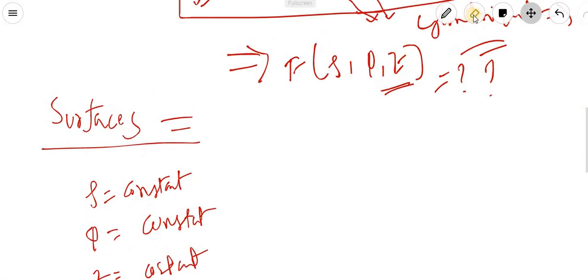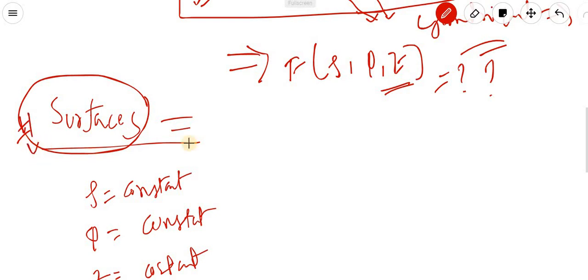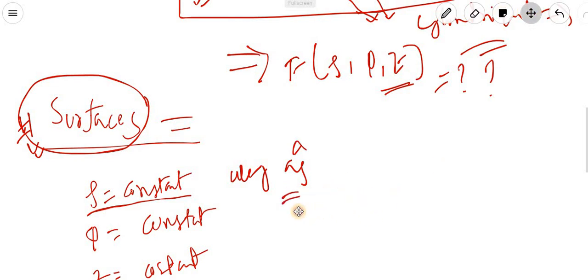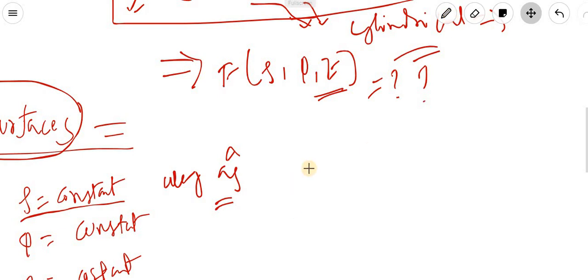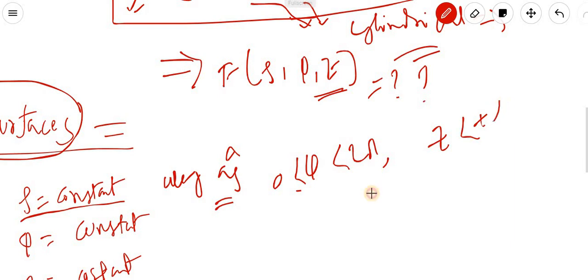Now we will discuss the surfaces of the circular cylindrical coordinate system. When rho is constant, that means along the rho direction, the other terms phi and z are varying, with z going from plus infinity to minus infinity.